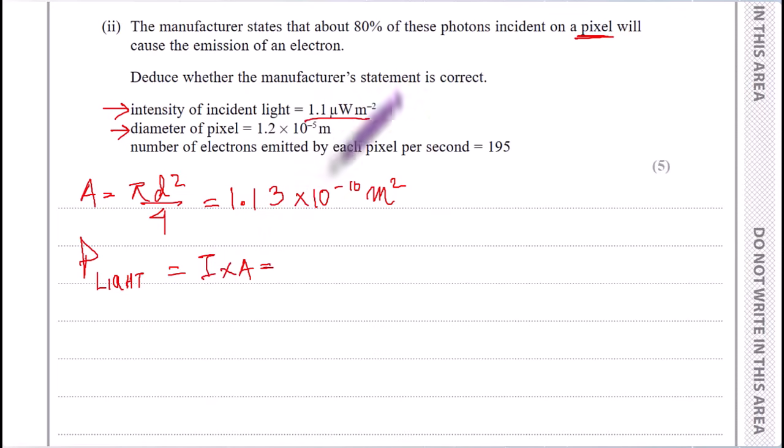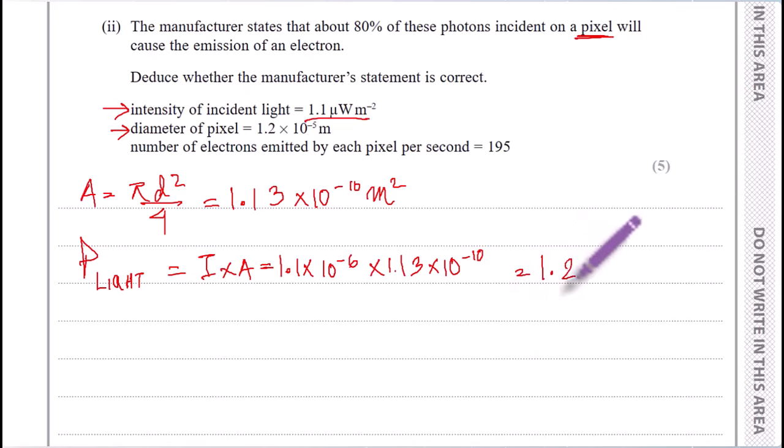So I have the intensity 1.1 micro, which has to be converted, times 10 to the power minus 6 times 1.13 times 10 to the power minus 10. So the value is 1.24 times 10 to the power minus 16 watt.